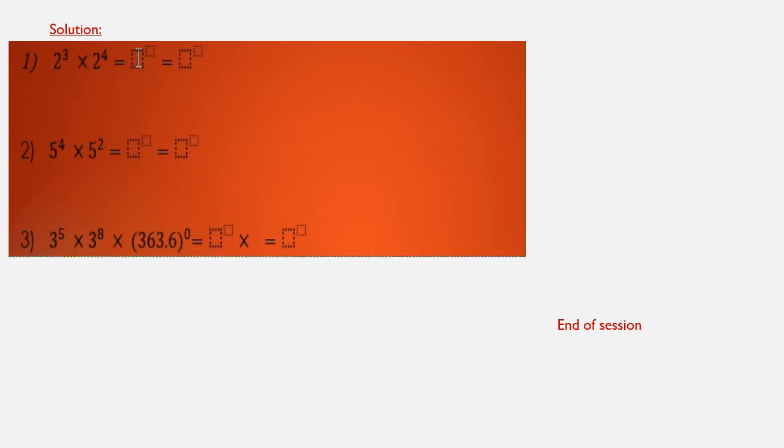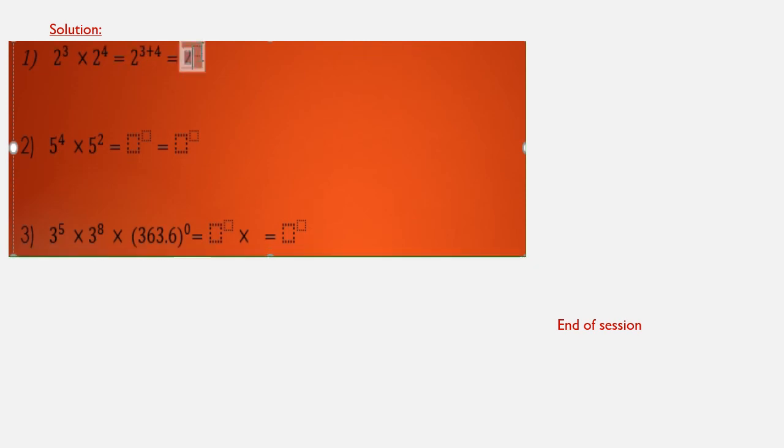So we keep the base, which is 2, and we add 3 plus 4. So the answer will be 2 to the power 7. So the answer is in the form of one power. In this answer, we have only one base and one exponent.